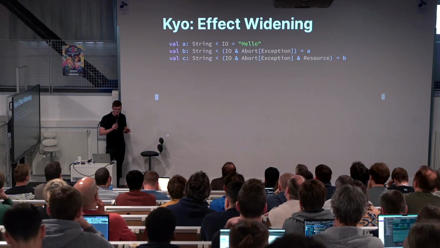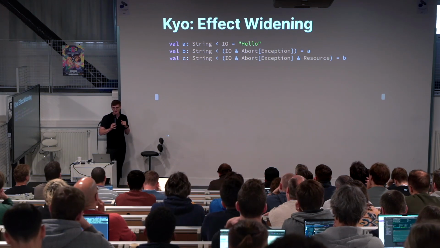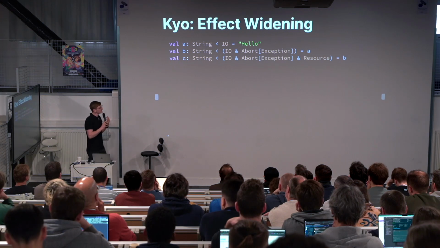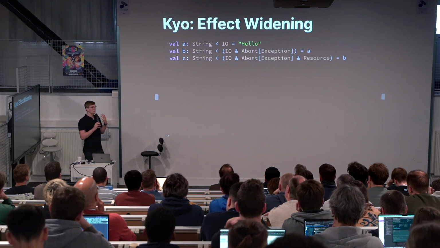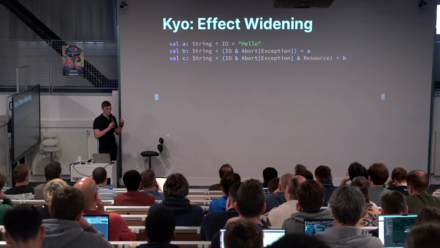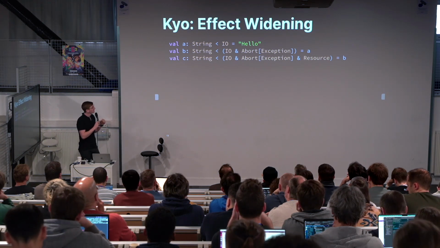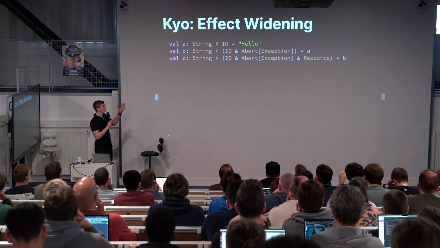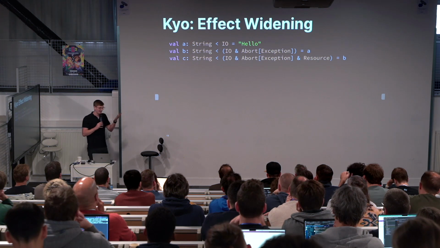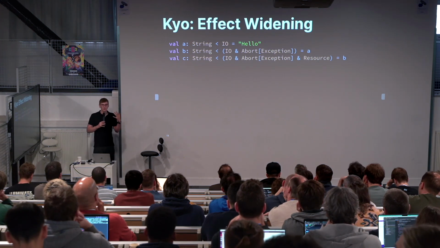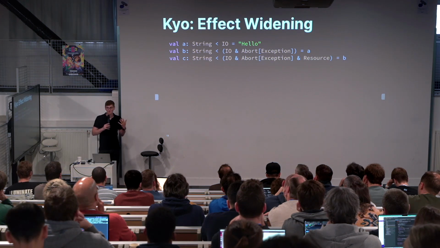Okay, this is the beautiful part about Kyo, and I think this is one of the reasons composition feels so fluid. And this is because effects are able to be widened. So not only can I widen a pure value to be an effectful value, but I can actually widen a value that has effects to have more effects. And this seems like, at first, you're like, why would I ever want to add more effects? But it turns out we've all suffered from this problem when branching.